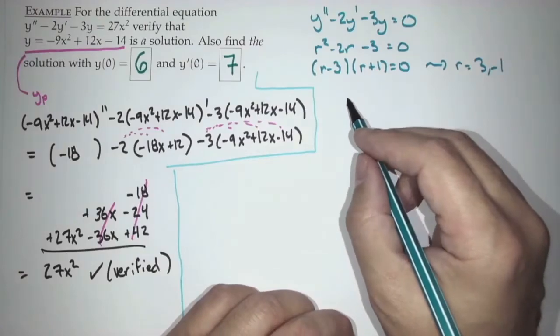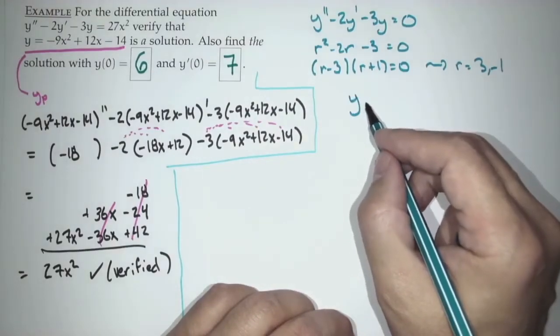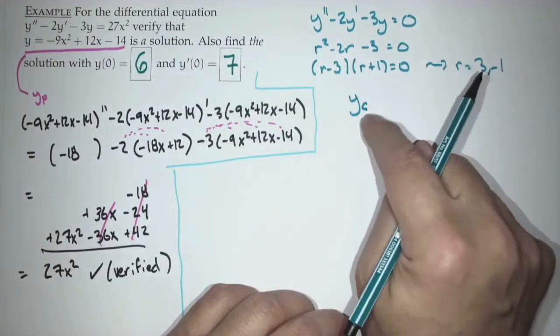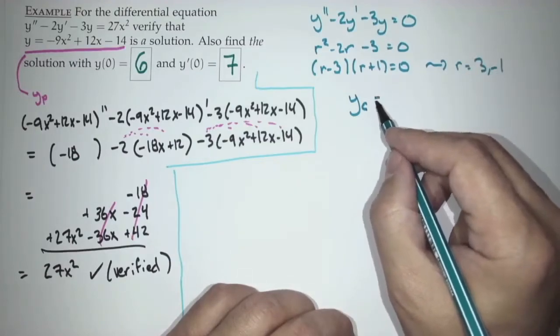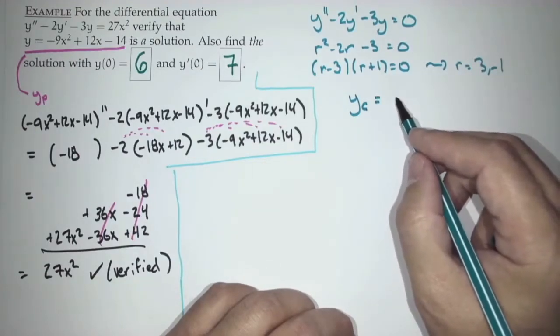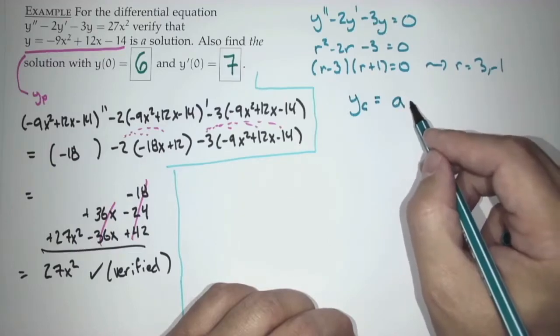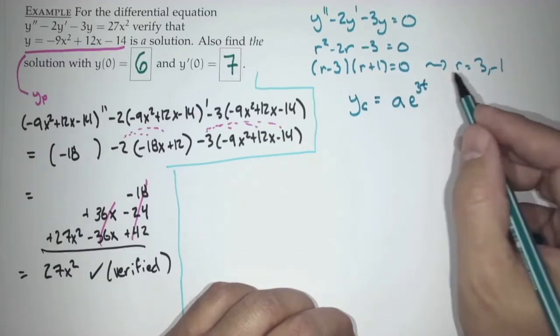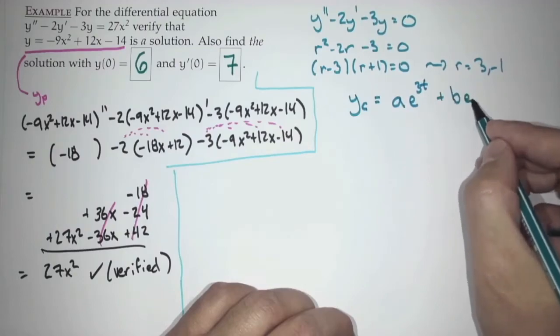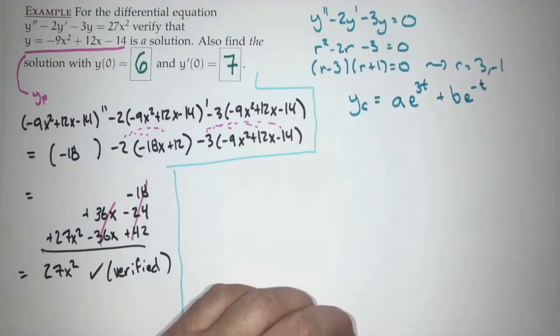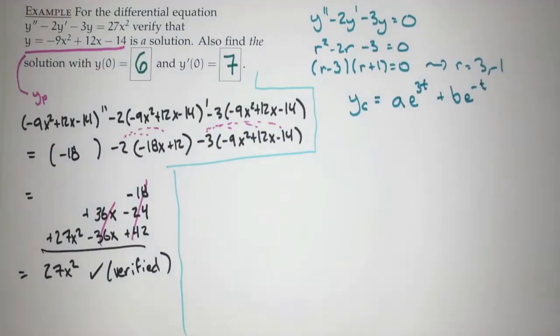So our solution for our homogeneous part, which I'll write y sub c, looks like some constant, let's say a, e to the 3t, plus some other constant b, e to the minus t, which is really minus 1 times t. All right, so that's the complementary solution.